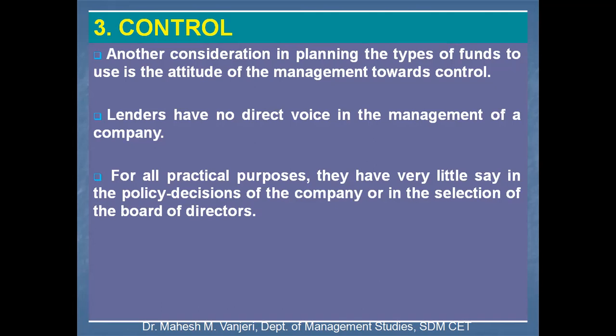So if the proportion of equity capital is very high in the total capital, the control will be in the hands of the equity shareholders, and there will be little control with the management or board of directors. But if the company has a higher proportion of debt capital, it means the equity shareholders will have less control over decision making. So the management or board of directors will have greater control in making the decisions.